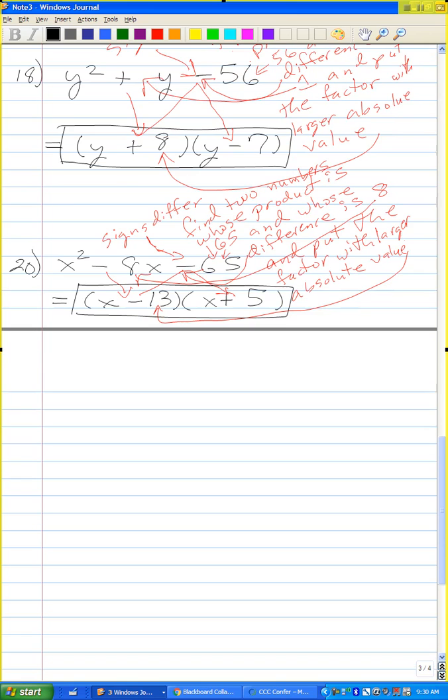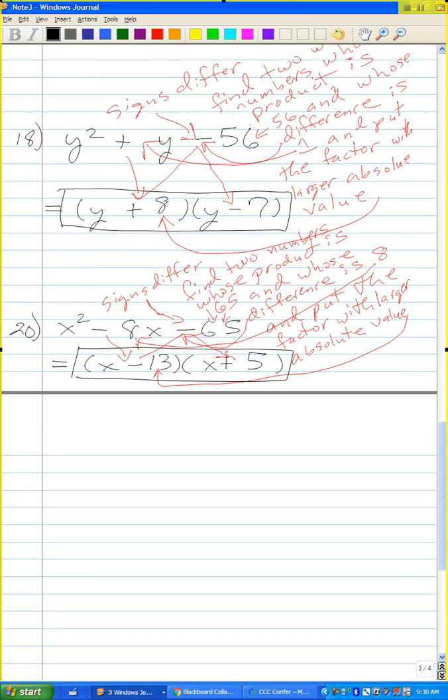Okay, so let me summarize what I've done here. There's a lot of stuff I've written, so let's just do a summary. Suppose I had x squared plus bx plus c. I'm not going to put the x squared, the bx, and the c.